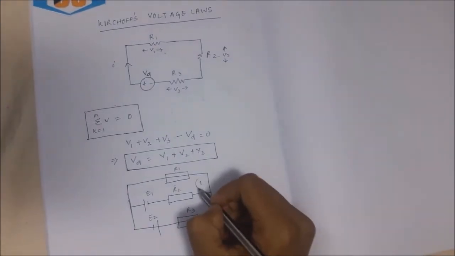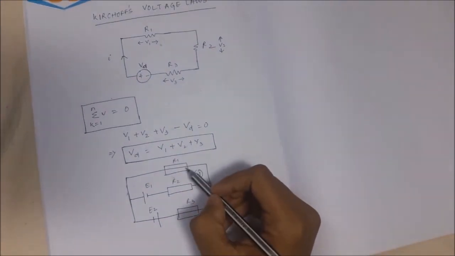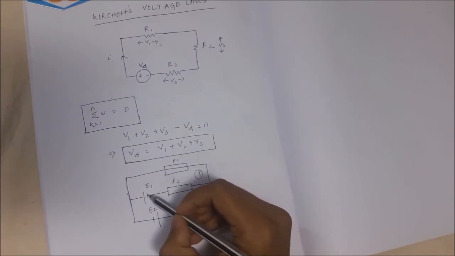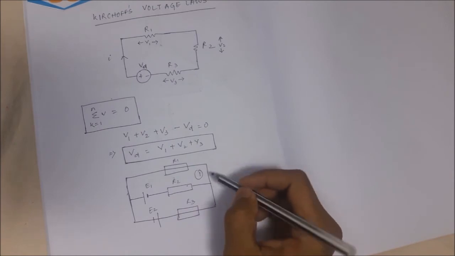In loop 1, we have resistance R1, a resistance R2 and a cell giving a potential of E1.